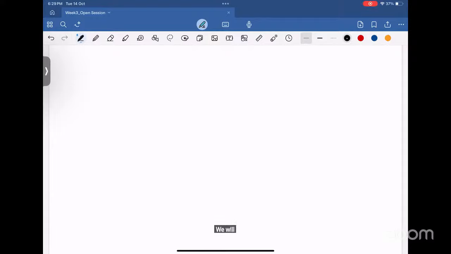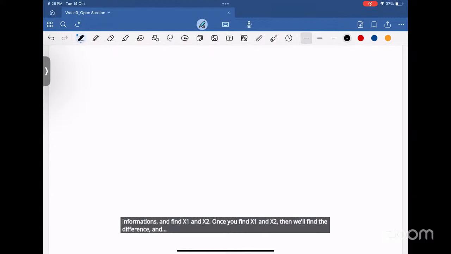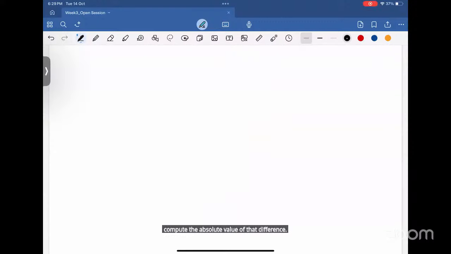We will use both to find x1 and x2. Once you find them, find the difference and compute its absolute value. That's the only thing here. I'll give you a solution skeleton, and from there you can build. So this is PA 3.1, question 7.